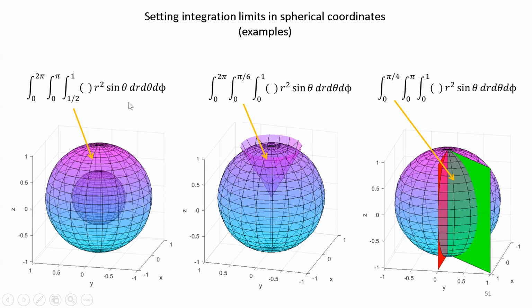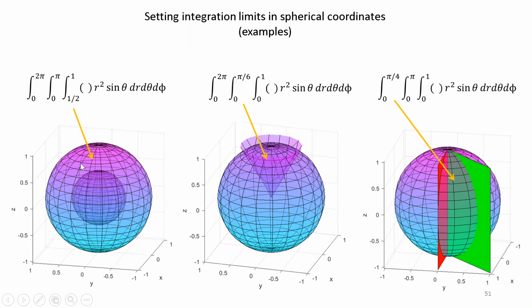And here you can see that my R does not go from 0 to 1. Let's say I go from 1/2 to 1. Then I need to draw a spherical shell: one is the smaller one inside, and the other is the bigger one.